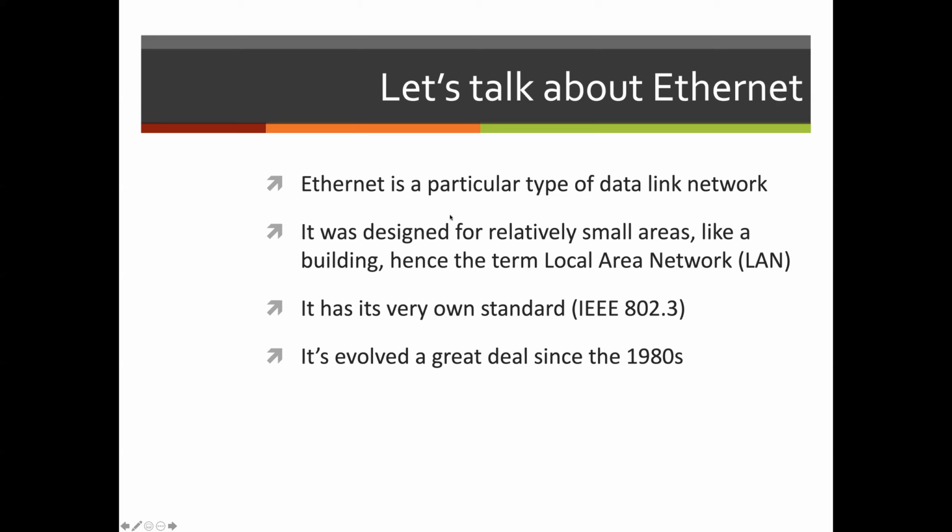Ethernet is a particular type of data link network, and it was designed for relatively small areas like buildings, which comes from the term LAN, for local area network. Ethernet also has its very own standard. It uses the IEEE 802.3 standard, and it has evolved a great deal since the 80s.